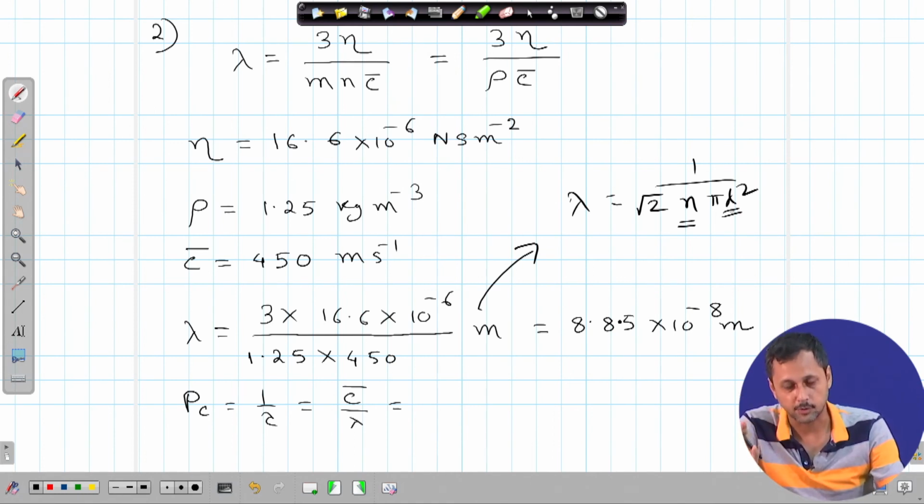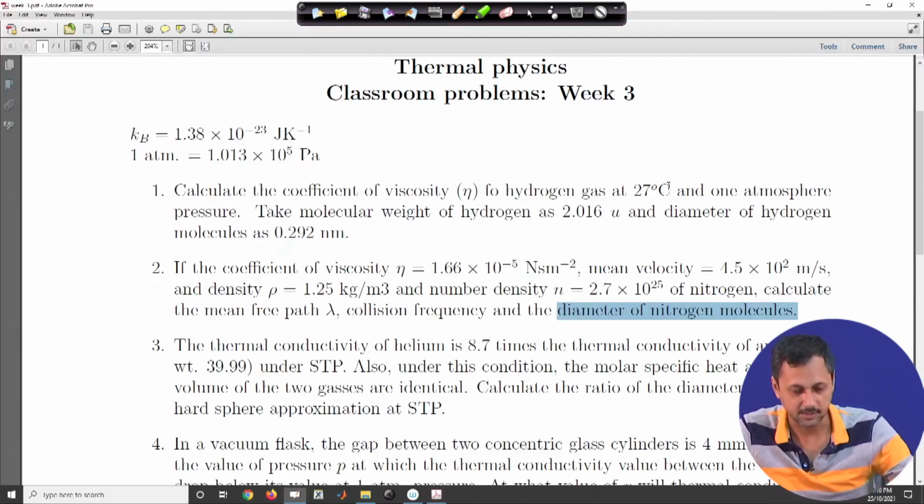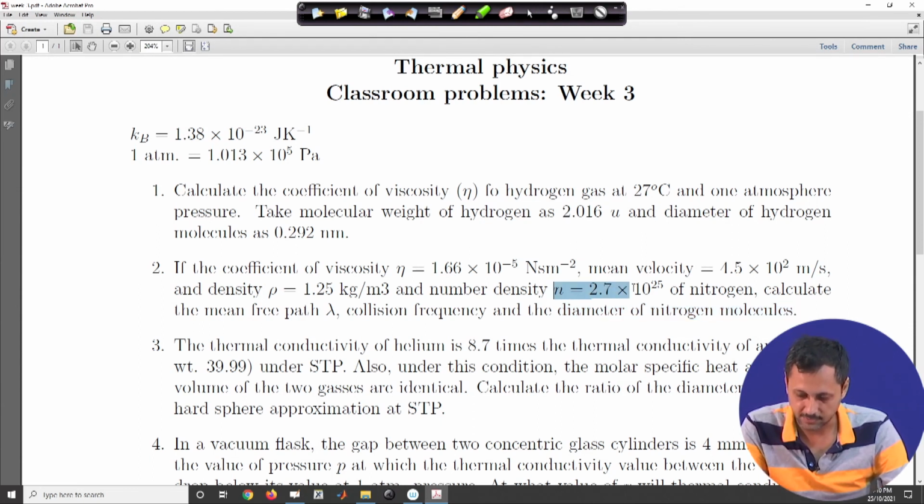This is straightforward, we have done it many times last week itself, but I will show you that there is another way, without knowing the number density n. So, this data is actually redundant.